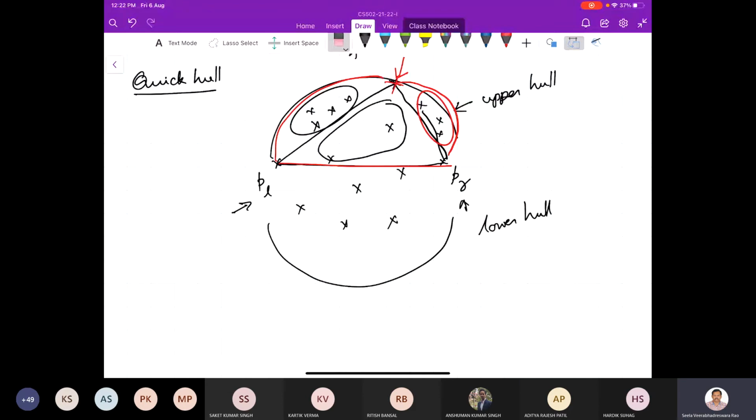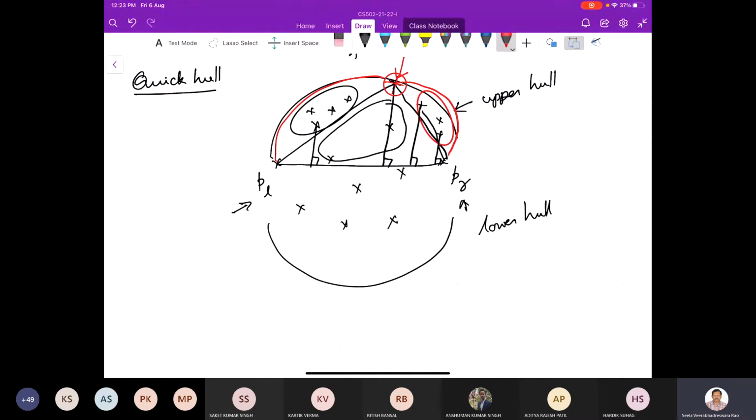So you look at the perpendicular distance of all points from this line, and whichever has the highest perpendicular distance, you take that point. That is a point on the boundary. This way you can find this point, and you do it recursively again.